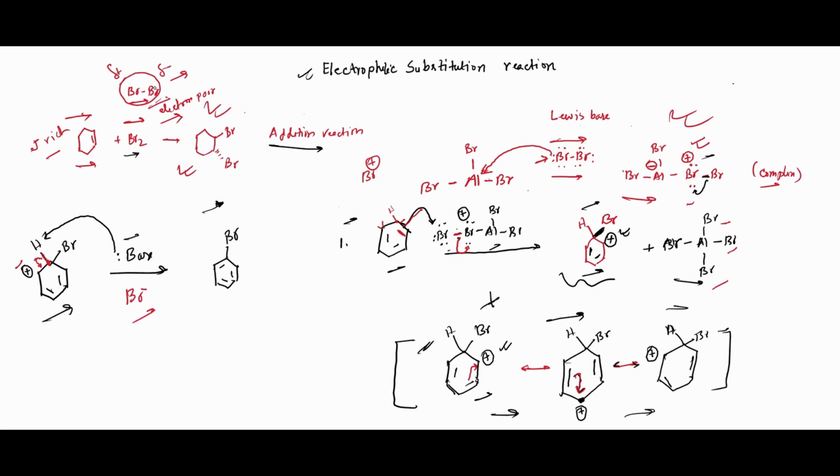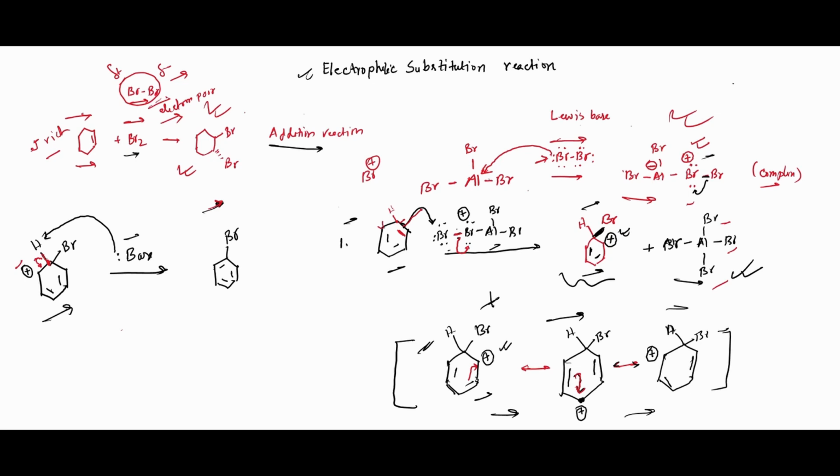But that is not actually very intelligent, because if you think about it, bromide ion is a good nucleophile, not a good base. Anyways, you can find a compound which can act as a source for this bromide ion, just like we found a source for Br plus ion. We already have this aluminum tetrabromide in the solution, which can act as a base.